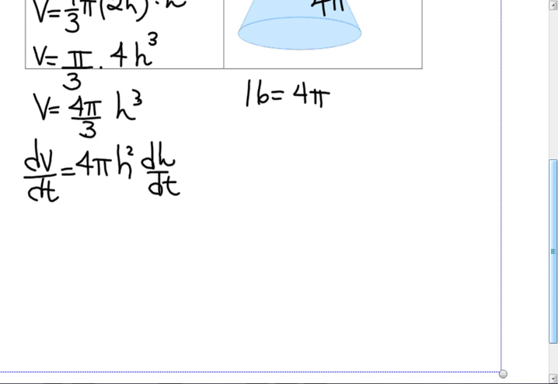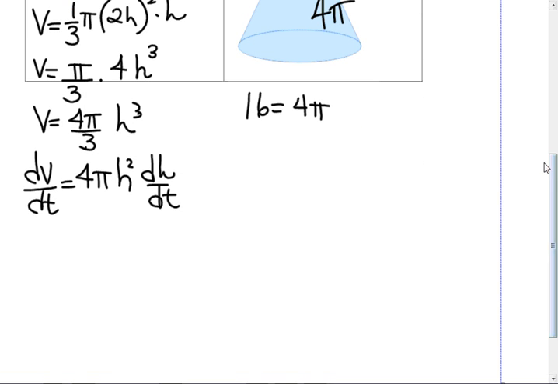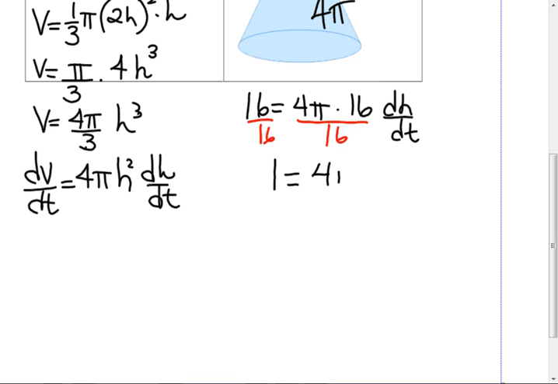H was 4. So it's times 16 dh dt. What happens to the 16? Divide both sides by 16. So 1 equals 4 pi times dh dt. And then you divide by 4 pi. Is that the same answer you got, Eric?